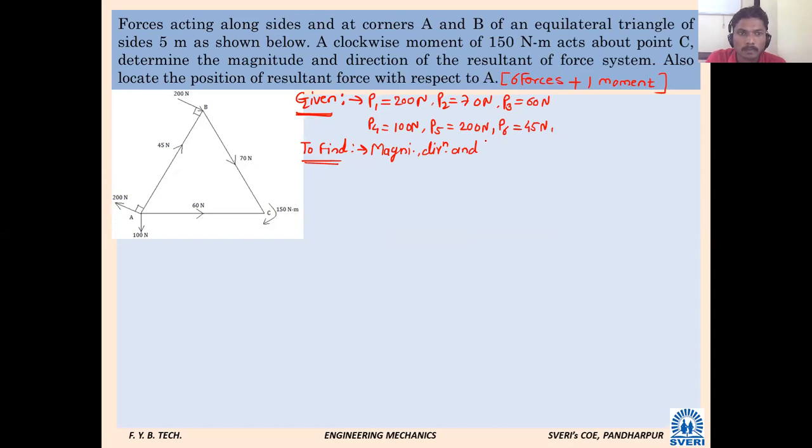Position means location, position or location of resultant. Okay. Magnitude, direction, and position of resultant.